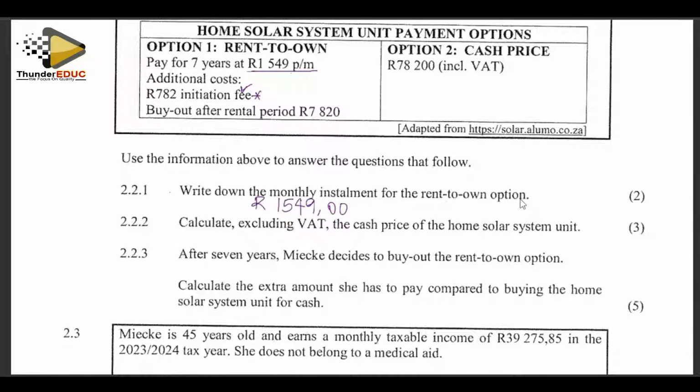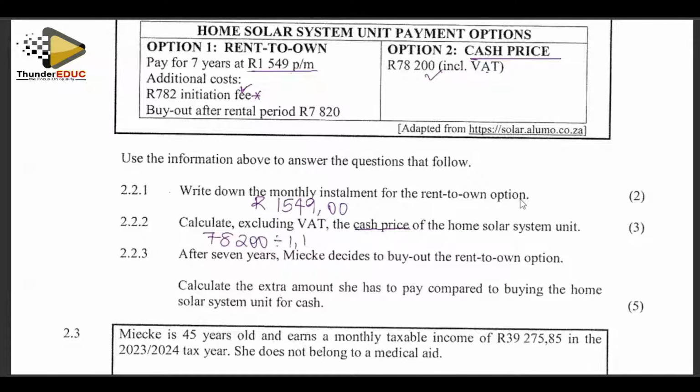Calculate excluding VAT, the cash price. Now we are going to the cash price, excluding VAT, of the home solar system unit. Here we are. This is the cash price, but this already includes VAT. We need to remove VAT. When we are removing VAT, we always divide. Exclude, you divide.